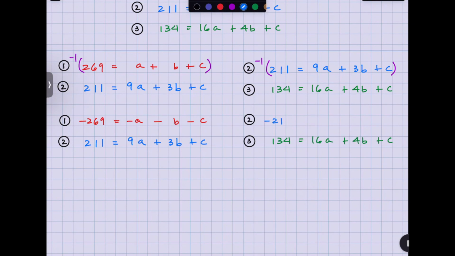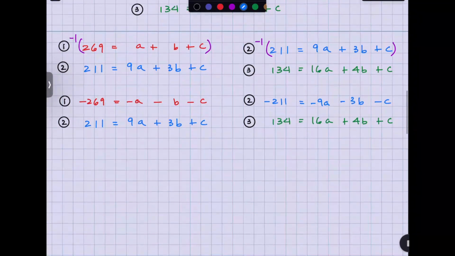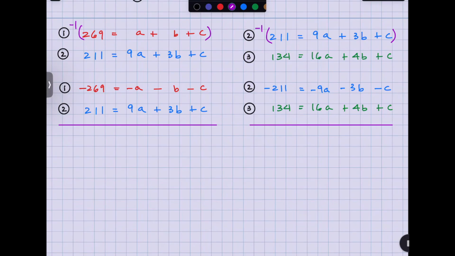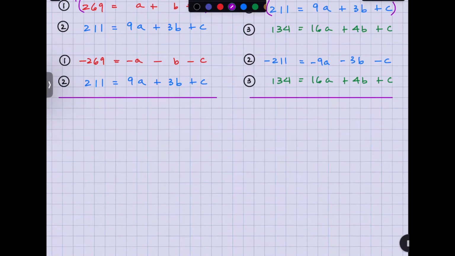Negative 211 is equal to negative 9a minus 3b minus c. And the reason why we're doing this is because it forces us to eliminate one of the variables so that we're down to 2 unknowns. But we're also going to have left 2 equations, equation 4 and equation 5.